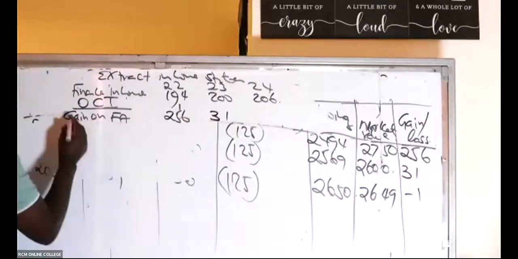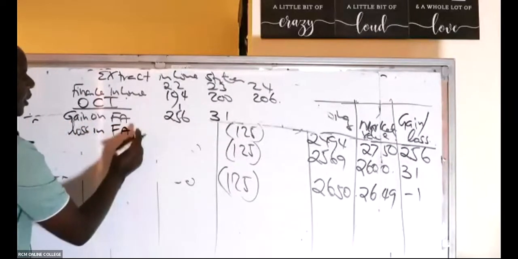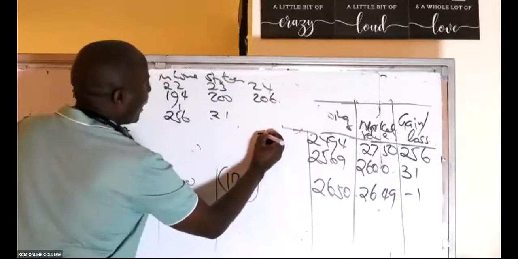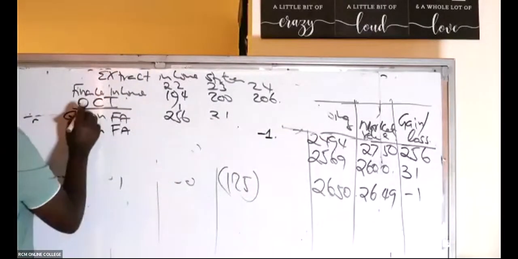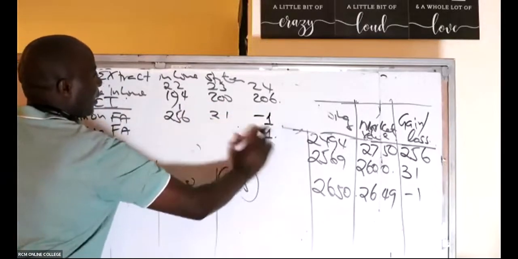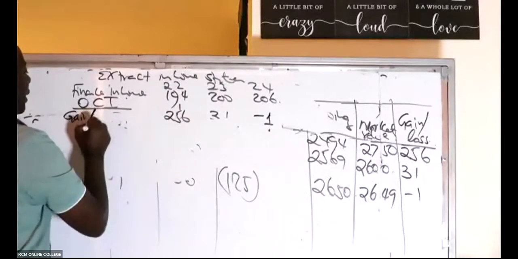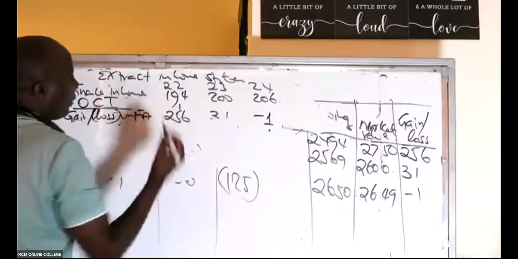Then we have a loss on financial asset, which here gives us 1, call it -1. Or better still, you can talk of gain or loss on financial asset, to have everything together.